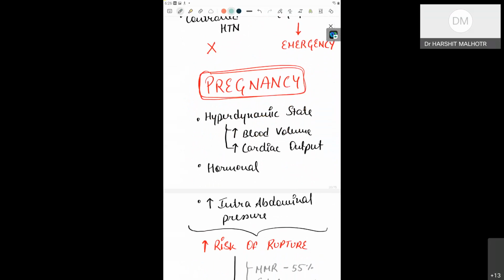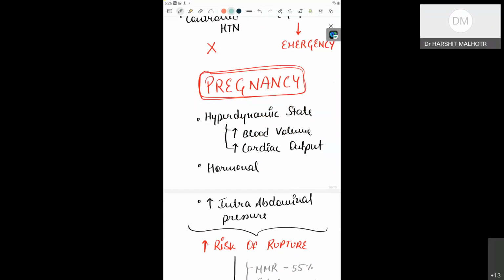Now, why do all the women of childbearing age group need to be treated? It is actually because of pregnancy. In pregnancy, there is a hyperdynamic state, with increased blood volume and increased cardiac output. It is also because of hormonal influences, and because of the gravid uterus there is increased intra-abdominal pressure.